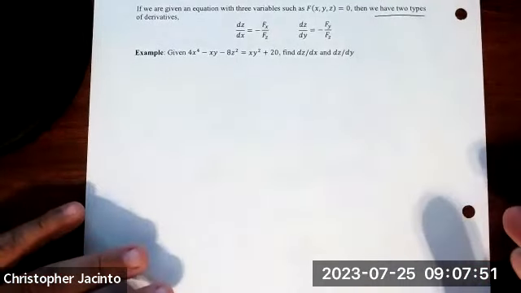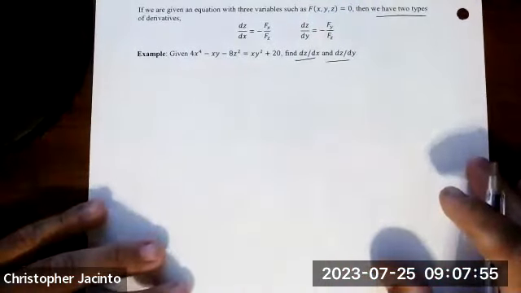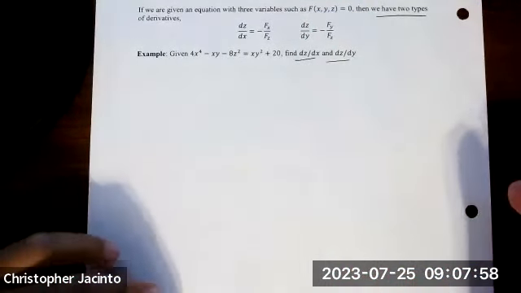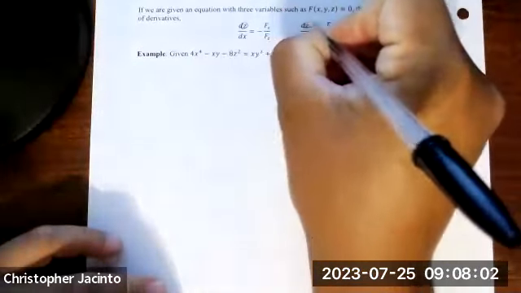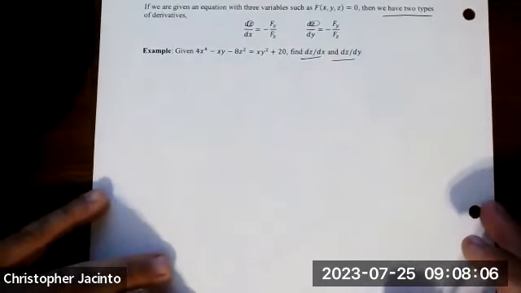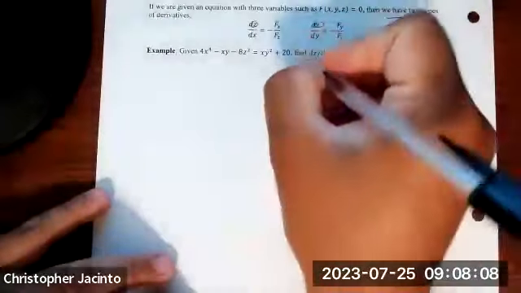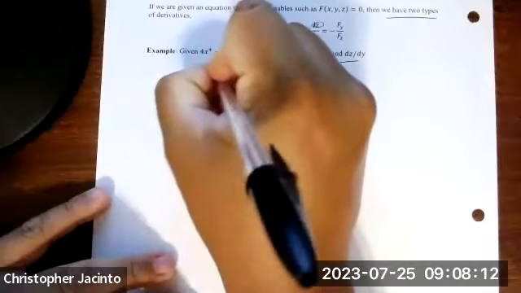We have to find both of them itself. So we're going to find each one with respect to x and with respect to y. Okay. So whenever you have 3 variables, then it jumps automatically to basically the chain rule. You have 2 actual answers respectively of each. Okay. So first off, we have to set this equal to 0. So we have to bring all this to the other side.